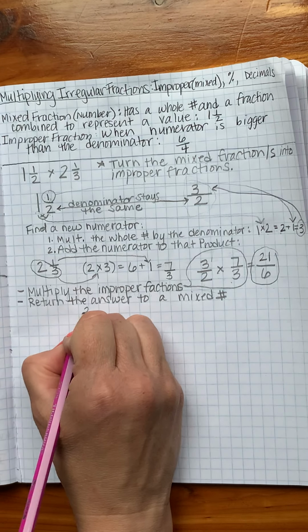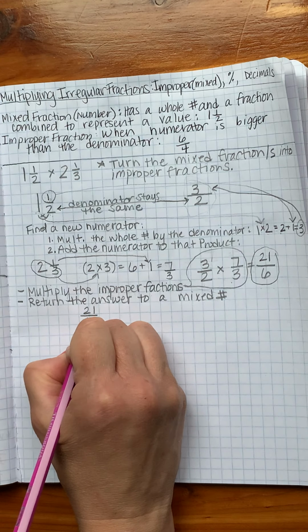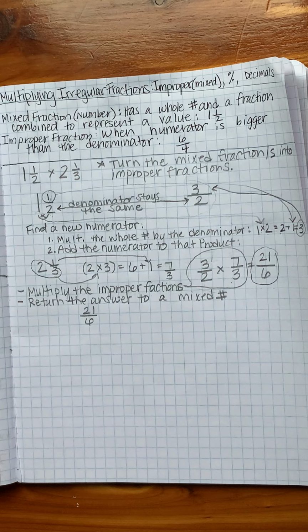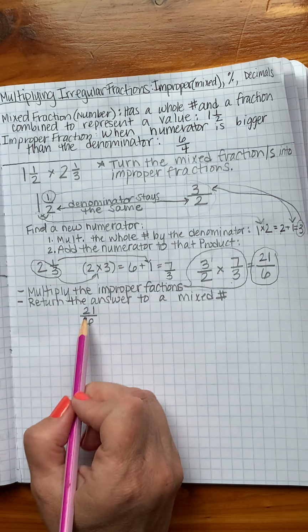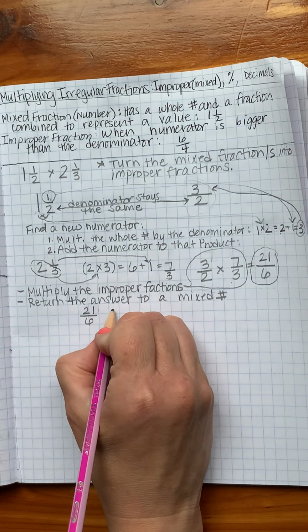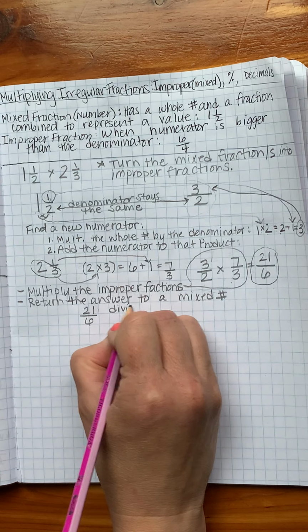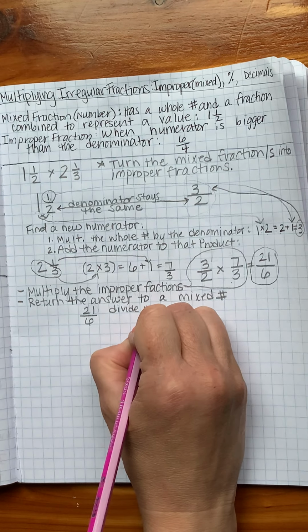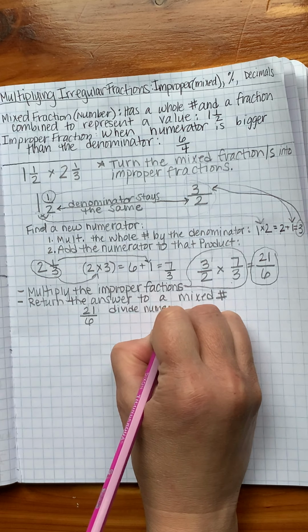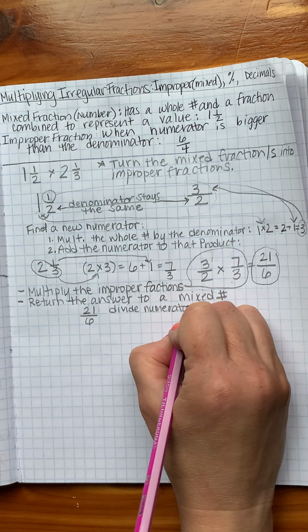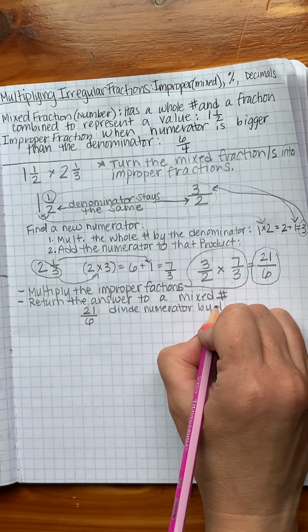I have 21/6, and the way I do that is divide the numerator by the denominator. So I'm going to divide this numerator by the denominator.